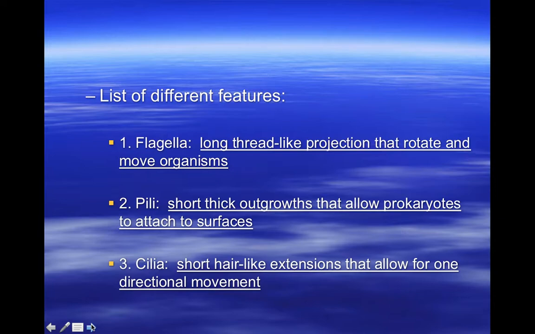All right, so for a bacteria cell, there may or may not be 3 different features. Sometimes there are all 3, sometimes they only have 1, sometimes they have 2 of them. It just depends. Number 1 and 3, I want you to write, are for movement only.